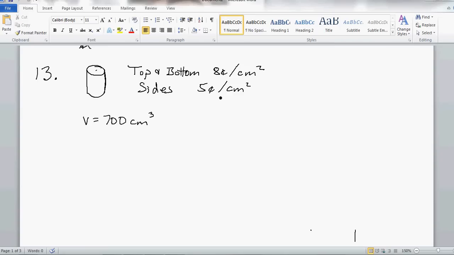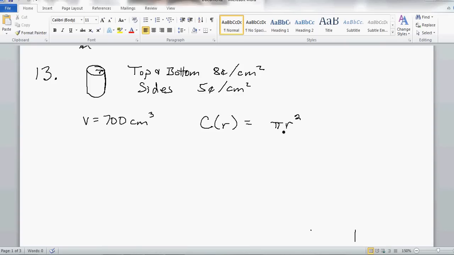So in other words, r is what will be our variable here. So we're going to have the total cost with r as our variable. Okay, we need to think about it. The top, if we know we've got the radius, the area here is pi r squared.